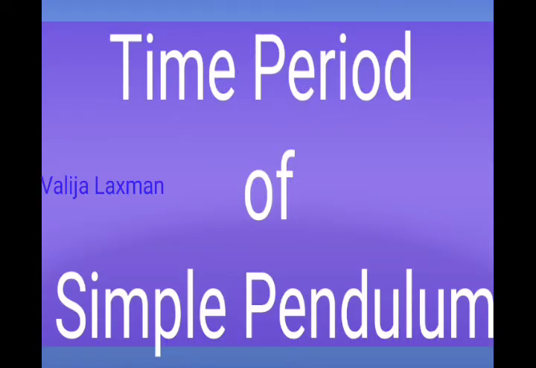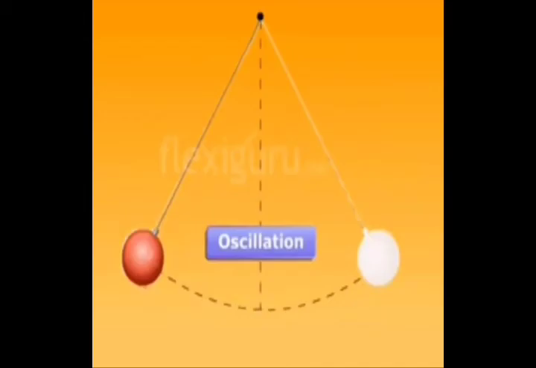Clear? Now, we have to obtain the equation for the time period of a simple pendulum. What do you mean by this? Time period of a simple pendulum. In order to understand it, just observe this animation. In this animation, the bob is going from left side to the right side, and again from right side it goes up to the same point.